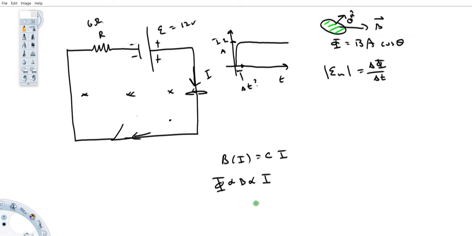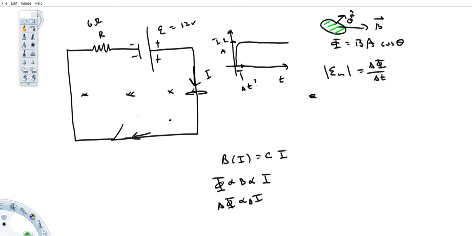Okay, now, one step further, that means changes in magnetic flux are also proportional to the current. Or I should say, actually, the changes in magnetic flux would be proportional to changes in B, which would be proportional to changes in I. Right. So that means we're going to get a voltage induced in this loop.